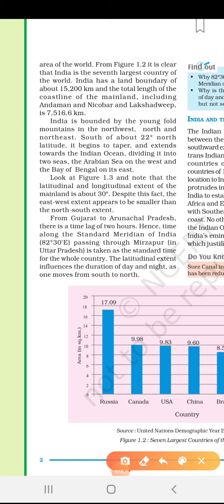To the northwest of our country lie the young fold mountains called the Himalayas, and the reason they are called young is that they were formed 50 million years ago when the Indian plate collided with the Eurasian plate.